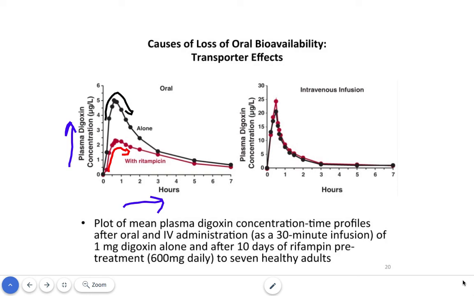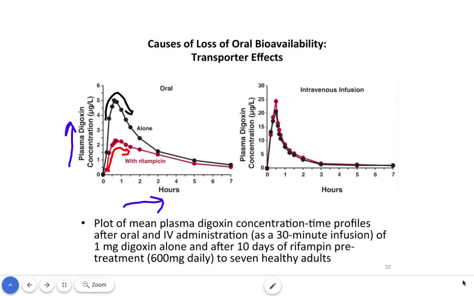This type of influence is due to the fact that rifampin has an effect in terms of enzymes. In this particular study, what they found was that the bioavailability of digoxin, which is typically about 70%, was drastically reduced.